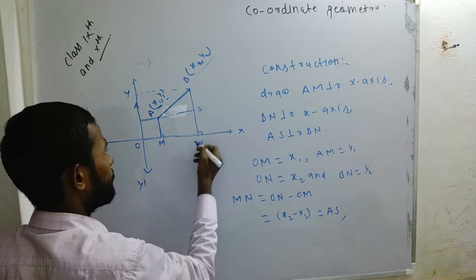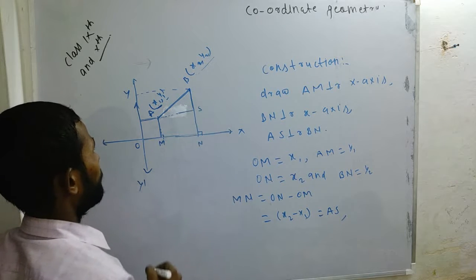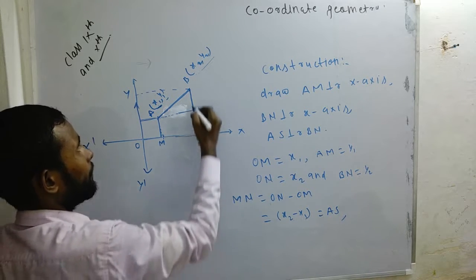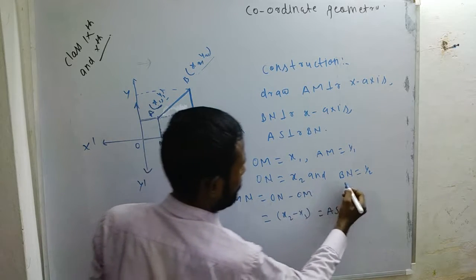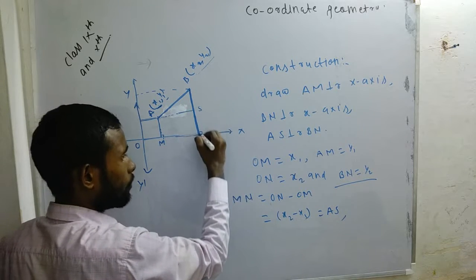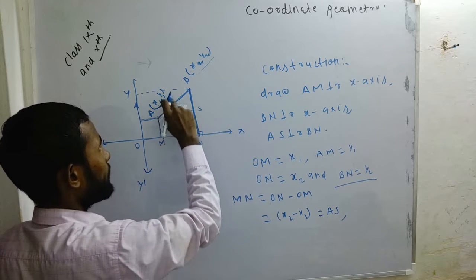Now we find the distance AS. Here we observe that BN is equal to y2, which is written already, while SN is equal to AM, which is equal to y1.